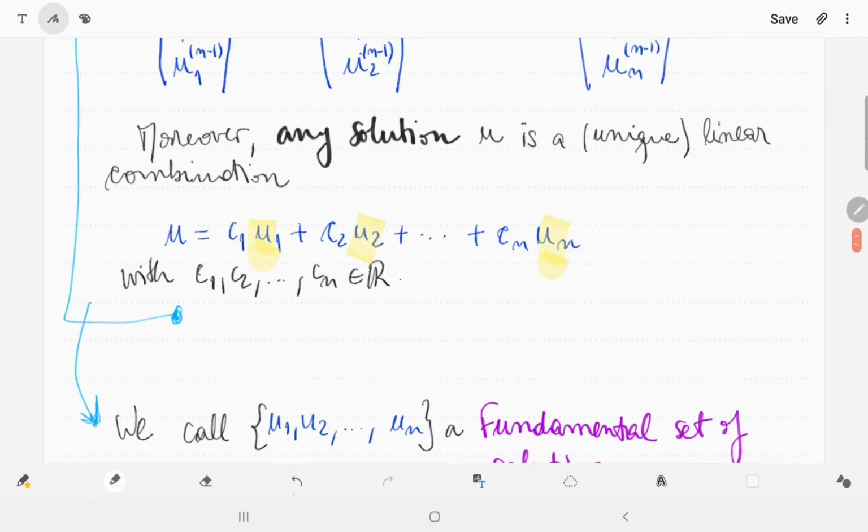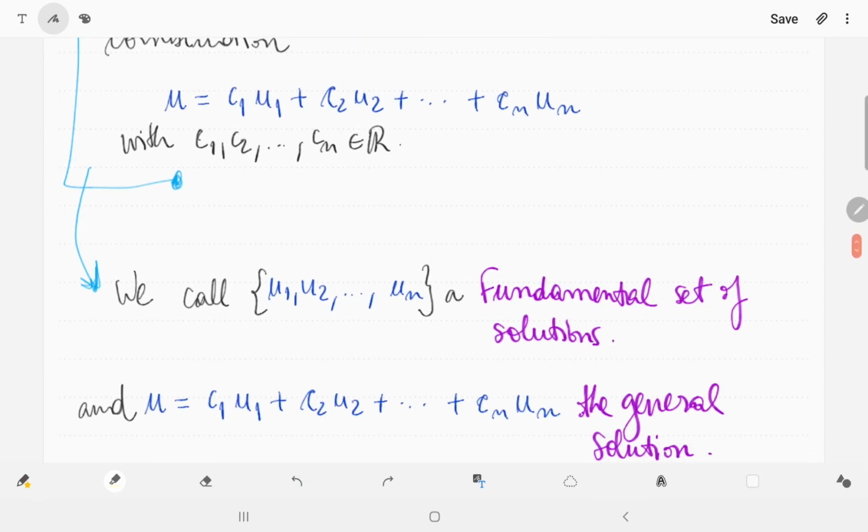So this set of solutions has a name: the fundamental set of solutions.